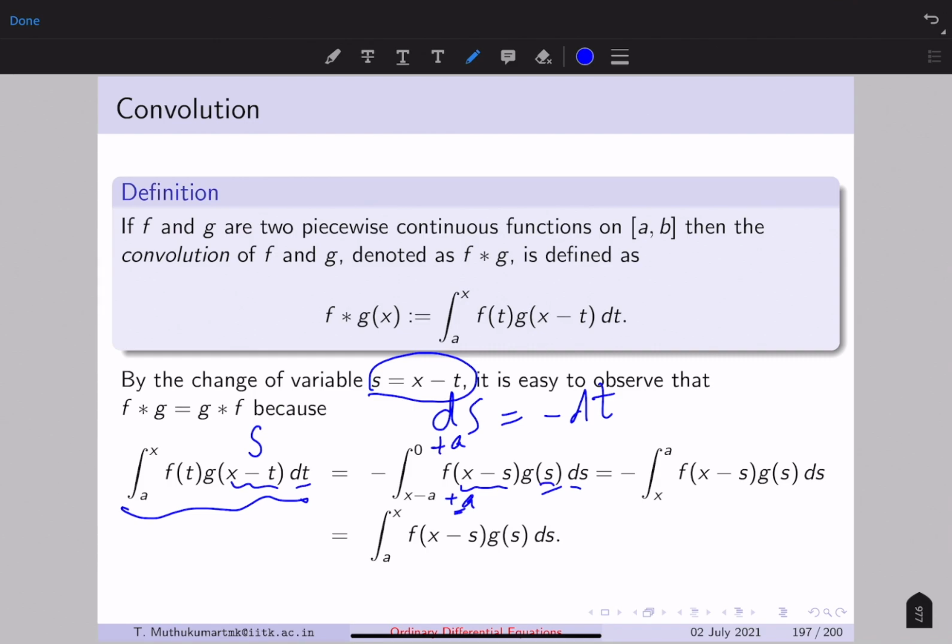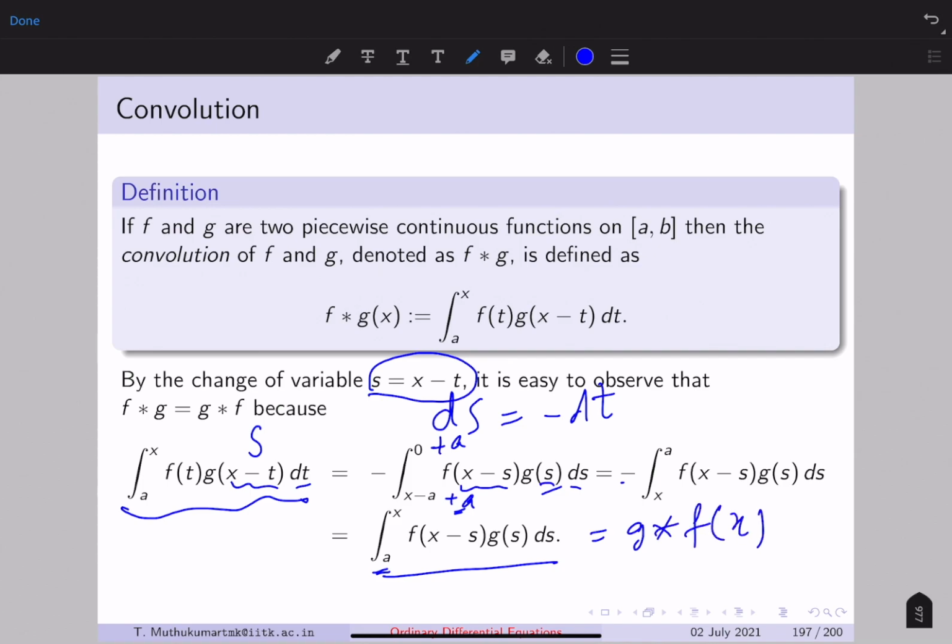So this is minus the integral from x to a, which is the same as integrating from a to x, and this is precisely g star f of x.